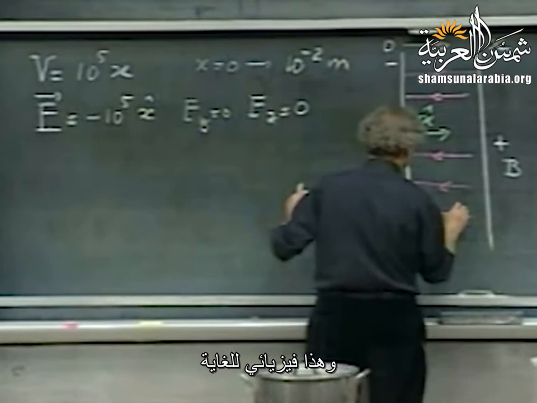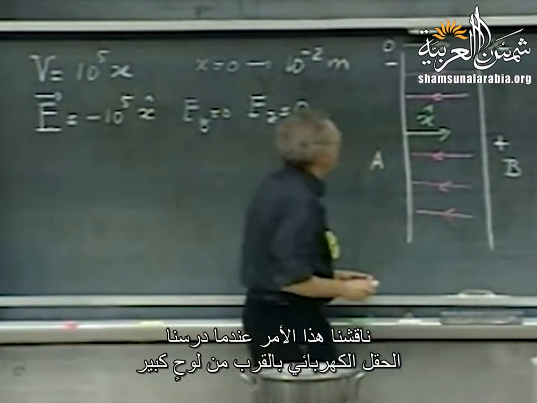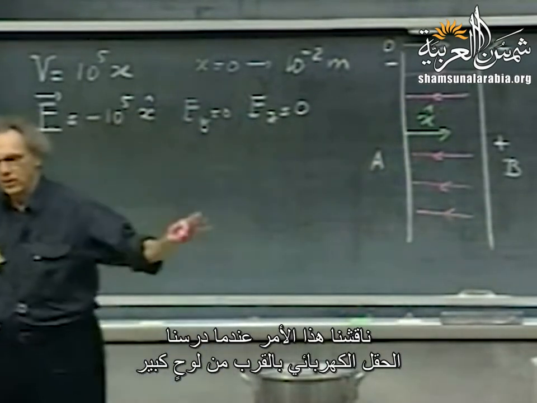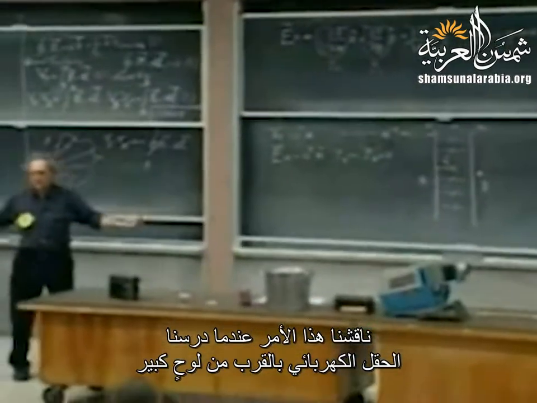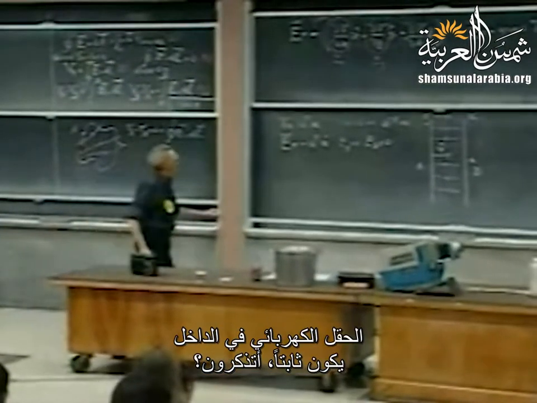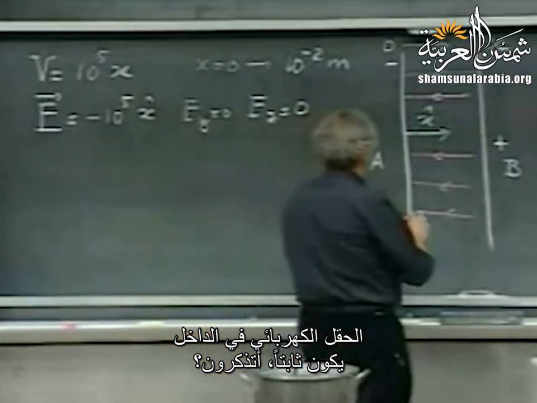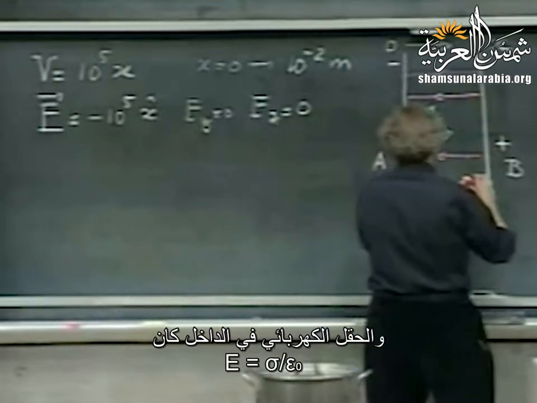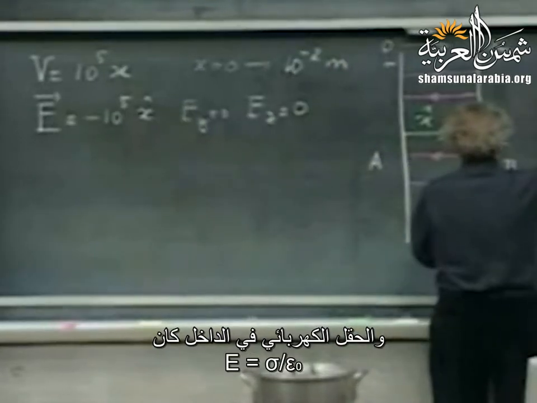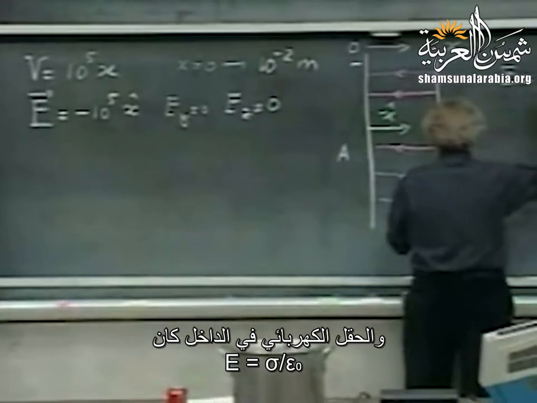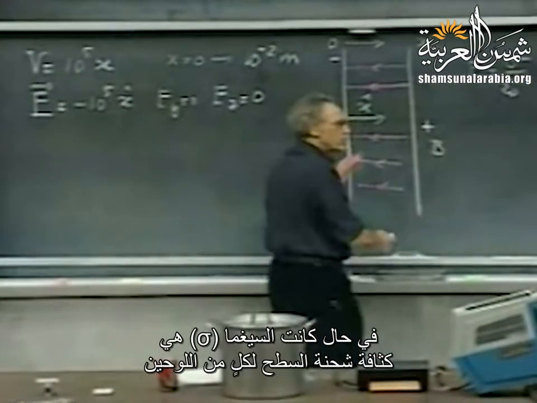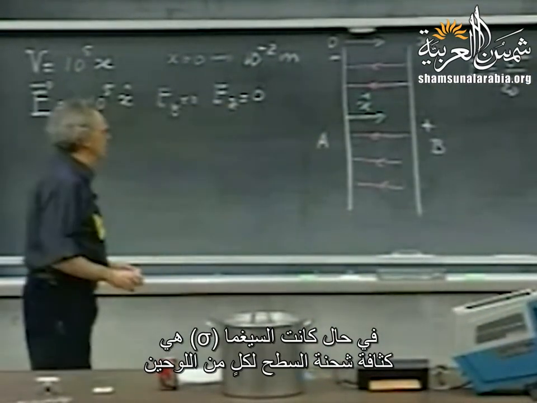And that is very physical. We discussed that when we discussed the electric field near very large planes, that the electric field inside was a constant, remember? And the electric field inside was sigma divided by epsilon 0, if sigma is the surface charge density on each of these plates.